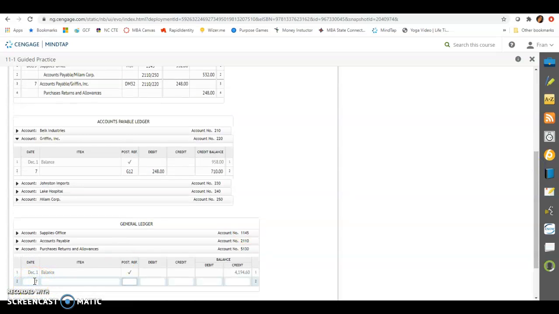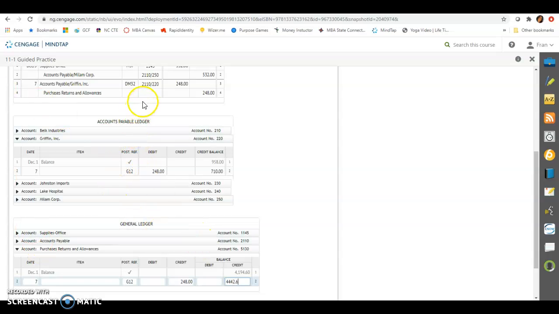7th, G12, credit of $248. We already have a credit balance, so we're going to add $41.94.60, $42.60.